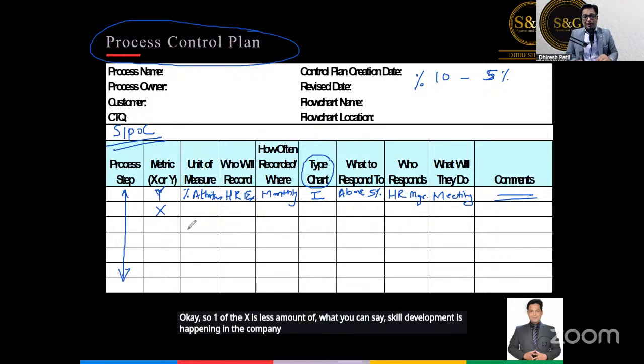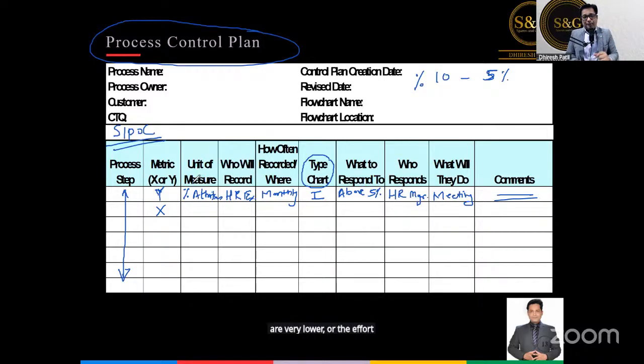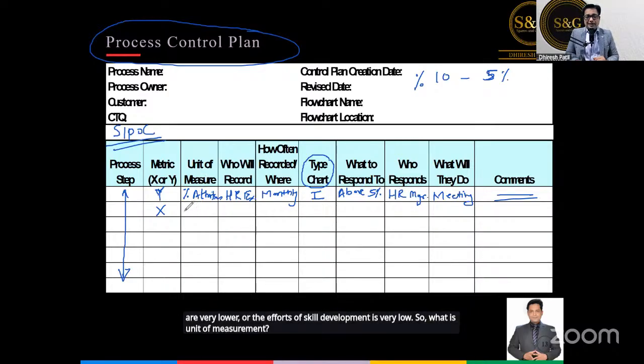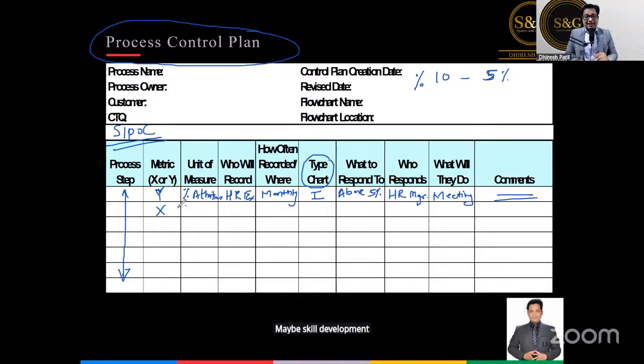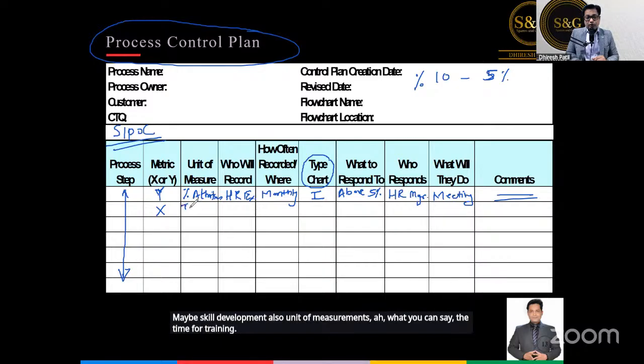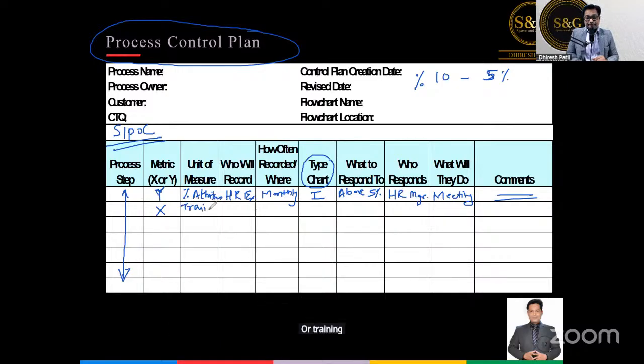L&D expenses are very low, right? That's one of the factors. So X is the L&D expenses are very low, or the efforts of skill development is very low. So what is the unit of measurement? Maybe the unit of measurement is the time for training, or training hours.